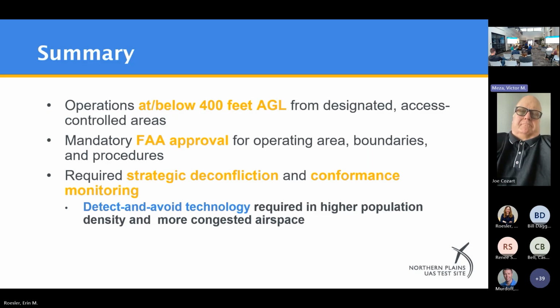So whether it's a box or it's a 3D geographic area, I map out that operational intent volume, submit that in, that's shared with other users of the NAS, and then deconflicted, right? Strategic deconfliction, to ensure that no one else is planning to fly in that same airspace at the same time as I want to fly.